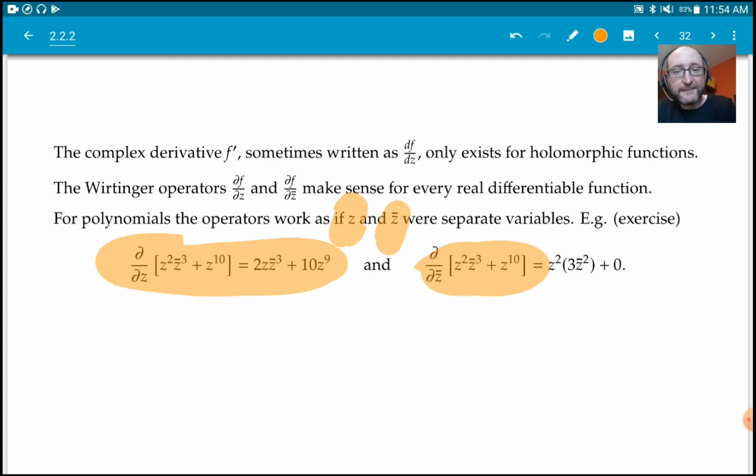This is exactly what you would get if you were in calculus taking derivatives with two variables, partial derivatives. So it almost works like partial derivatives, almost as if z and z bar were separate variables.